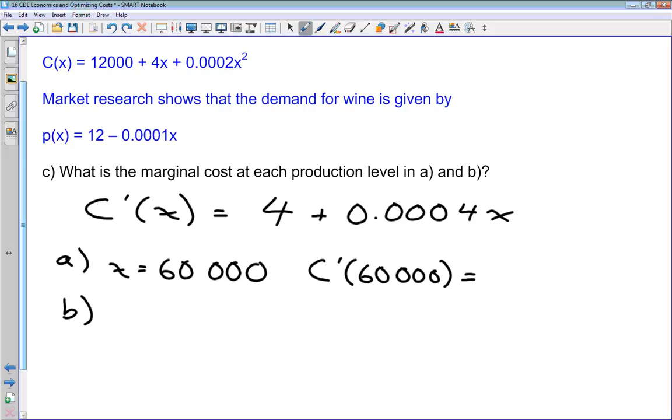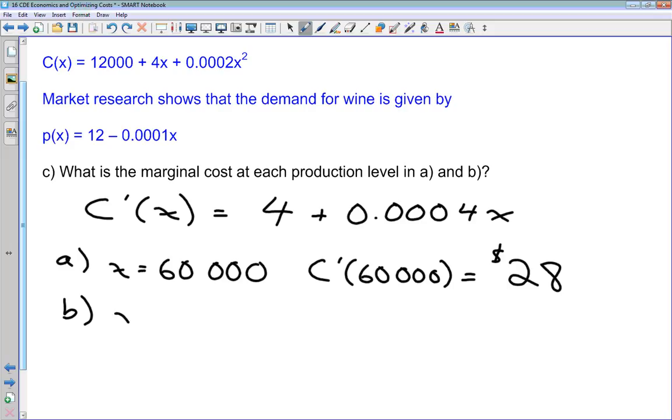When I plug that in, I get $28. So what does that 28 mean? Well, it's the marginal cost. So it is the cost to produce one additional bottle of wine. So if they go from a production level of 60,000 to 60,001, they're going to add $28 to their total cost of production. That's how much it costs to make that bottle.